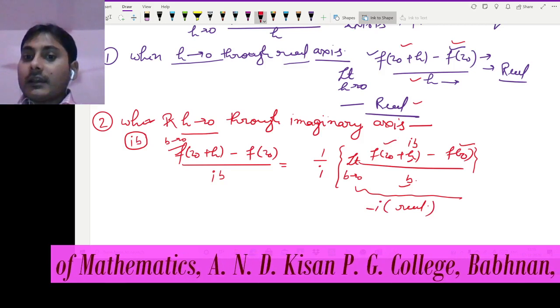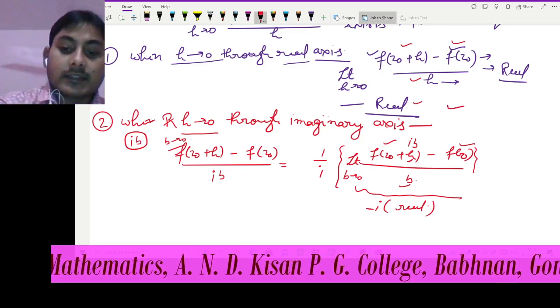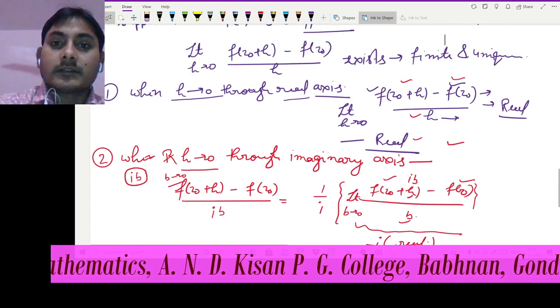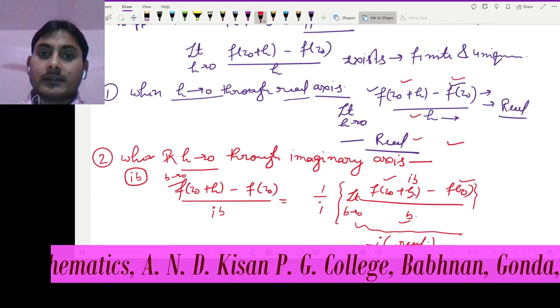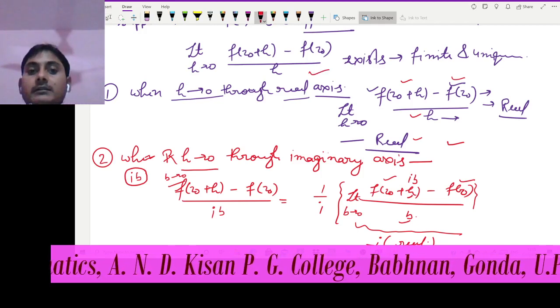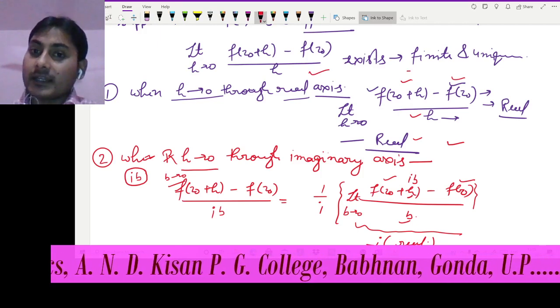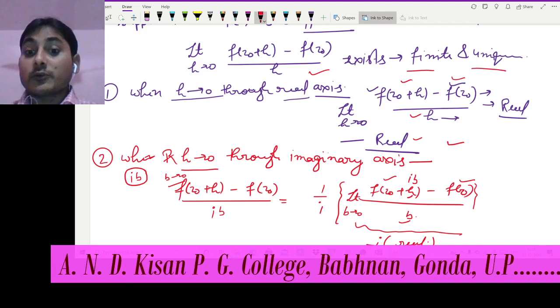So a real number, and you are saying that this particular limit exists, it means it has to be finite as well as unique.